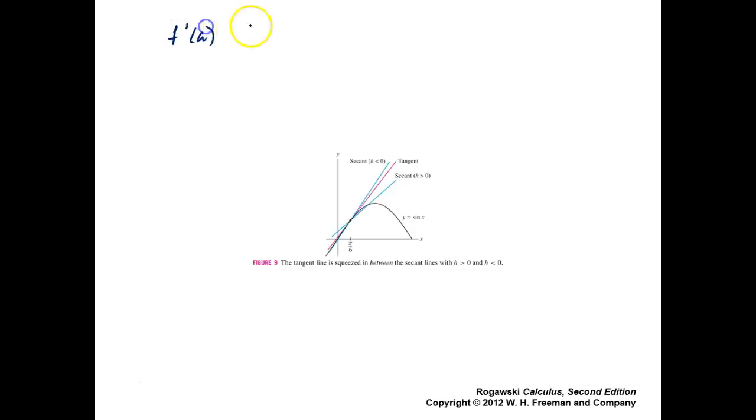You don't have to have that in front, but that is good. Is equal to the limit as what? There's 2 ways to do it. They start the same way. As h approaches 0 of f of a plus h minus f of a over h. What's the other way?